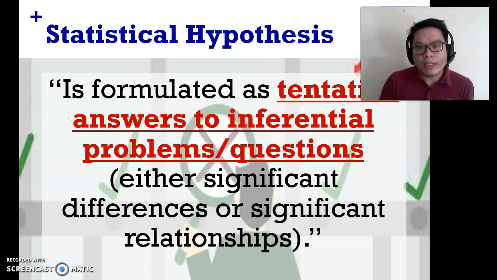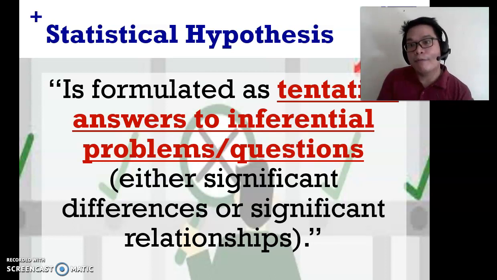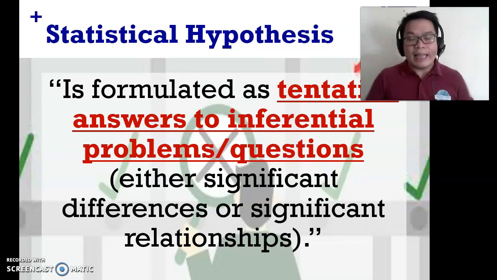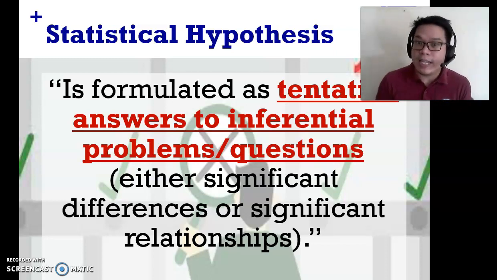A statistical hypothesis means you will just predict whether or not there's a significant difference or significant relationship. That's why, in your statement of the problem, you have problem number 2, your inferential question: is there a significant difference? So what will be our hypothesis? Our hypothesis can be either there is or there is no significant difference. We can limit our hypothesis to the statistical hypothesis.